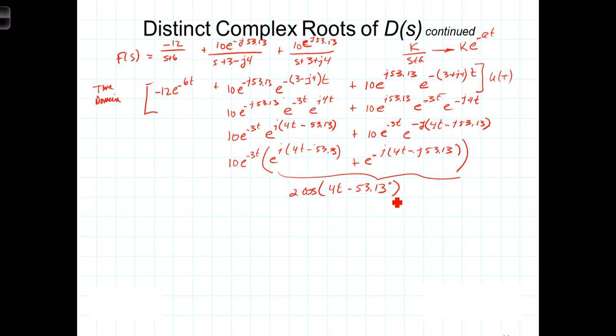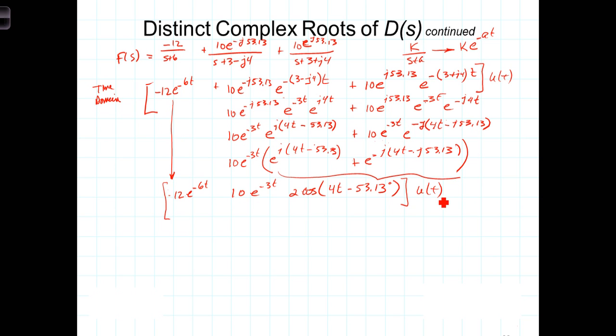And we've got the 10 e to the minus 3t multiplying that, and then we still have over here this term which is just getting carried down, negative 12 e to the minus 6t, all that times u of t.